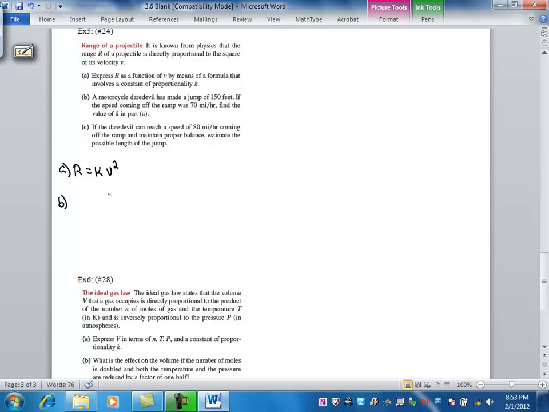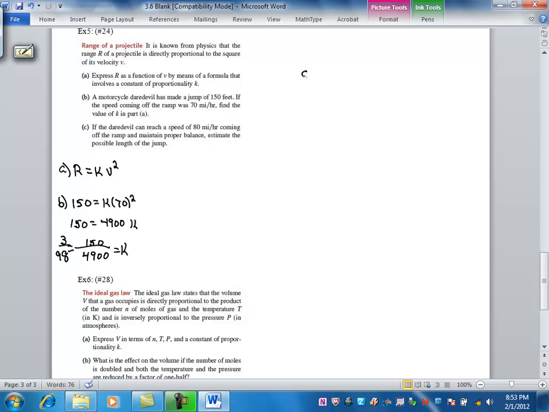If the speed coming off the ramp was 70 miles per hour, find the value of K in part A. Well, so we've got R, 150, equals K times my rate, 70 squared. So 150 equals 4,900 K. K equals 150 over 4,900, which will reduce to 3 over 98.